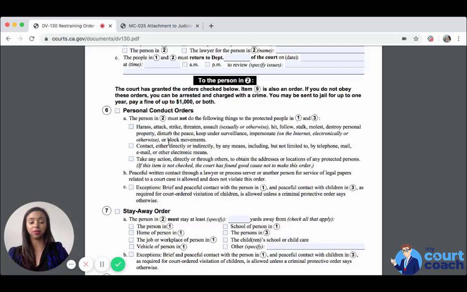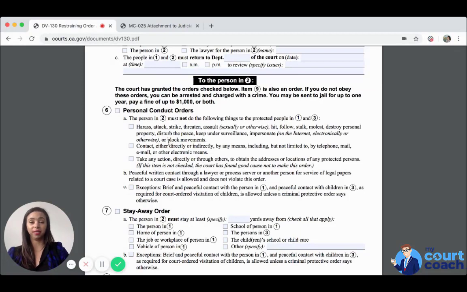Now, if you have children, there can be an exception. And that exception can be brief and peaceful contact with the person in 1, and the peaceful contact with the children in 3, as required for court-ordered visitation of children, is allowed unless a criminal protective order says otherwise. So if you do have a criminal protective order and you're also now having a domestic violence restraining order, the orders can't conflict.